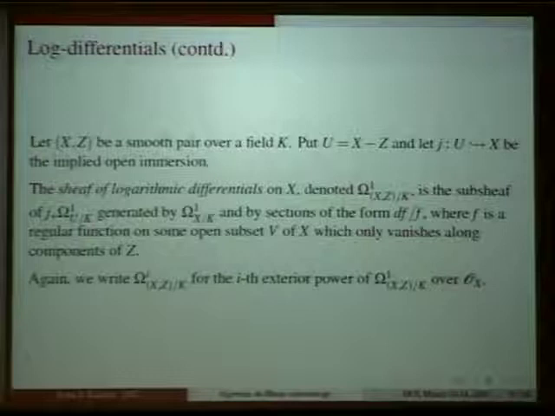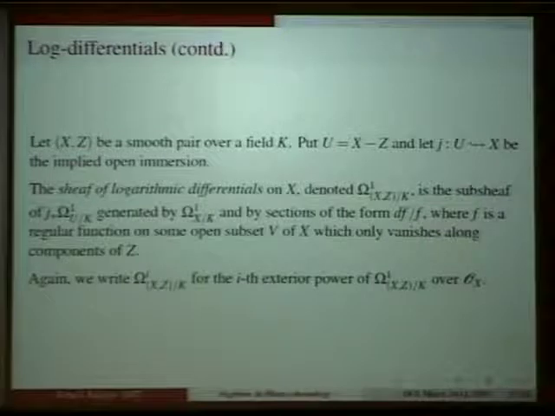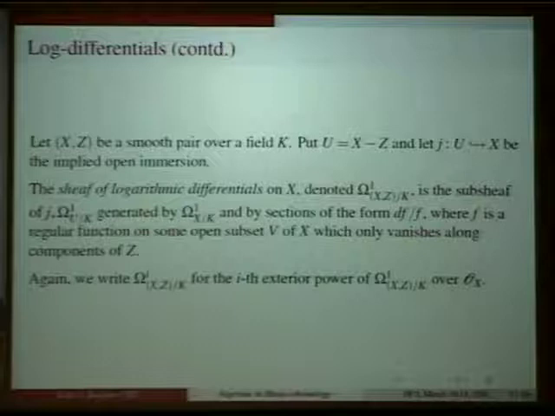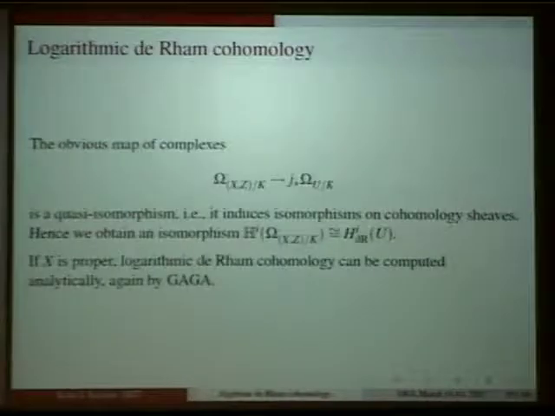So I'm going to take exterior powers of these log differentials, and I get logarithmic i-forms. Here, for instance, dx over x wedge dy over y is a logarithmic 2-form. And what happens now is that if you take log differentials on X, you can just forget about the fact that Z is there at all.